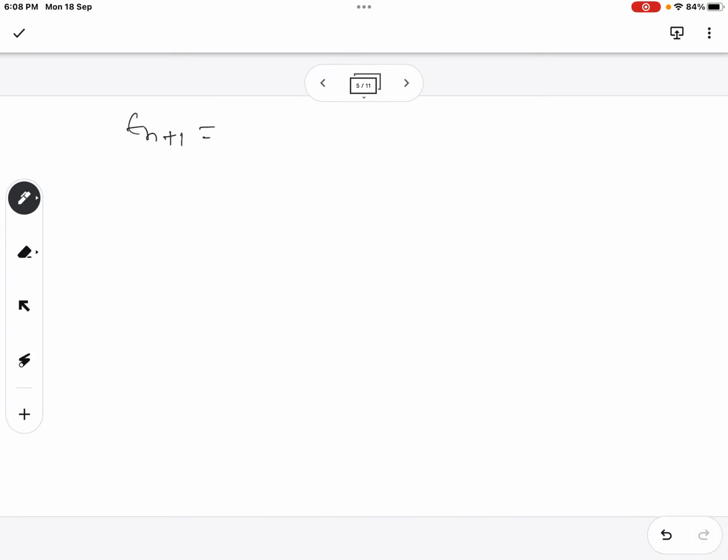Now in the next step I multiply and divide the equation with x(n-1).